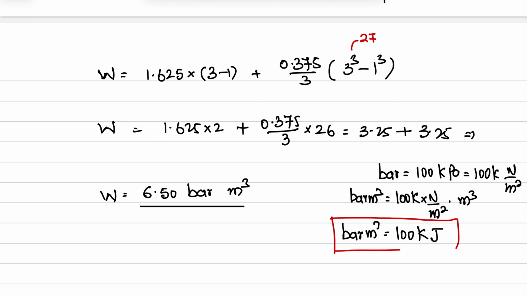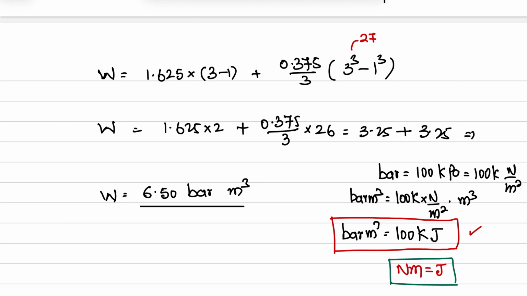Don't do too much conversion of each and every unit at the beginning itself. You can do the mathematics in bars only when bar is given, and then convert using this: 1 bar cubic meter is equal to 100 kilojoules, because Newton meter is equal to joule. Please remember this.